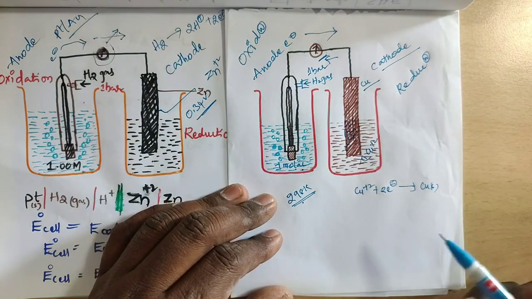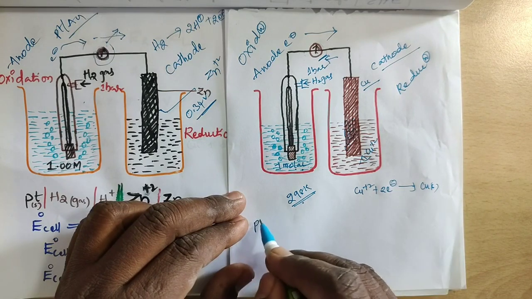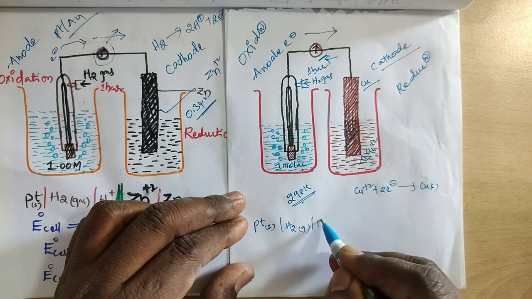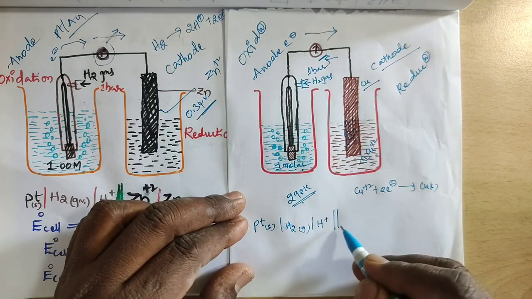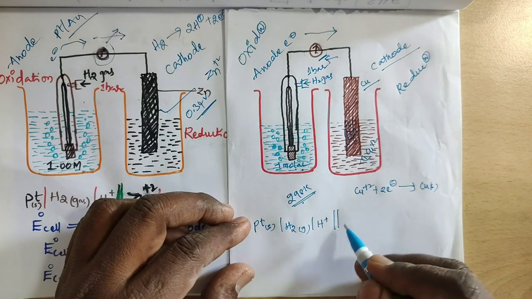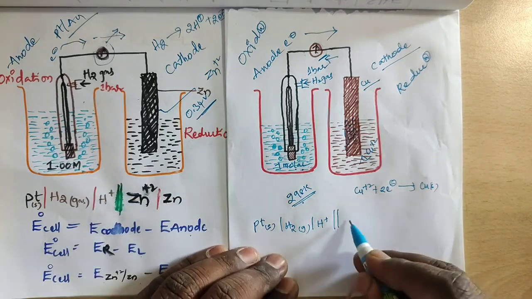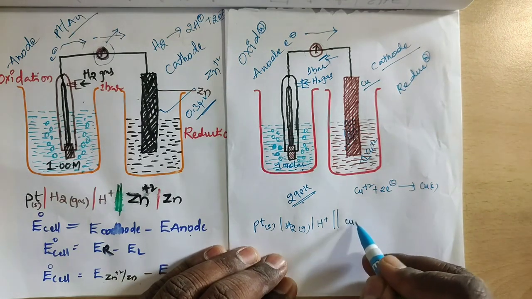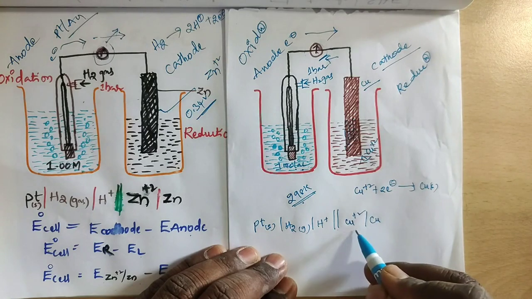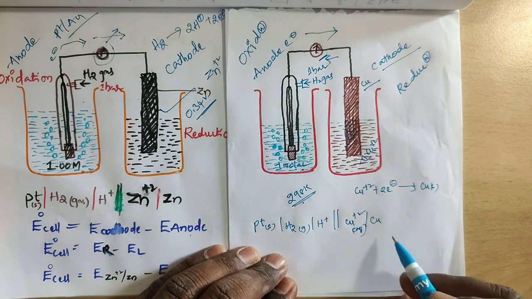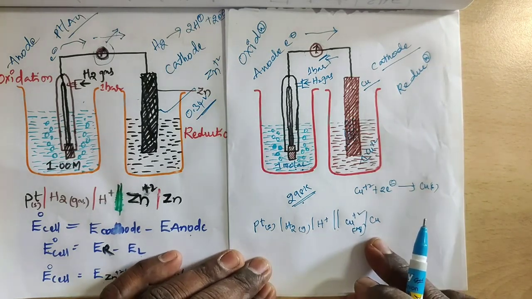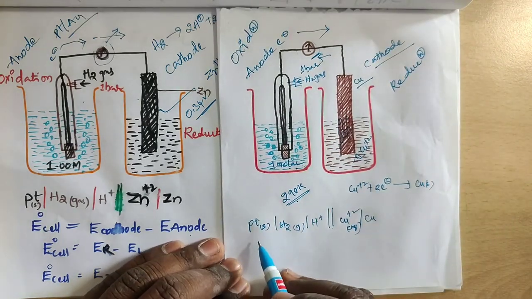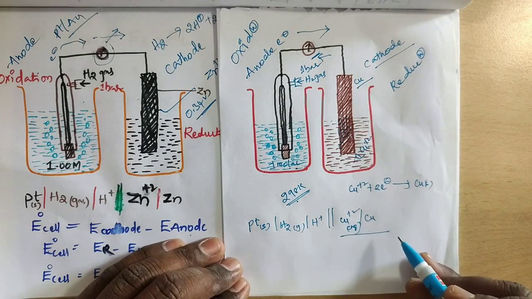Okay, so the cell representation: platinum solid, H2 gas, H plus, then a salt bridge made with KCl, and at the cathode Cu plus 2, Cu, where Cu plus 2 is in aqueous condition. So this is a galvanic cell representation or electrochemical cell representation, and we need to calculate the cathode potential.